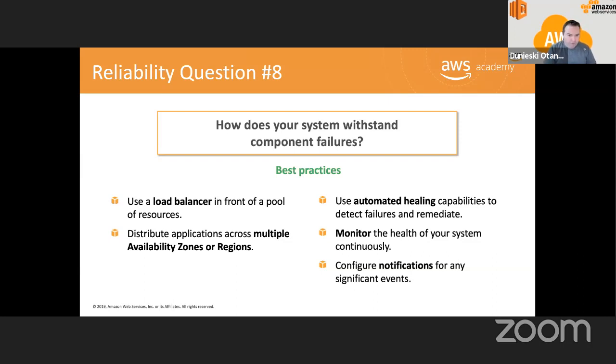Distribute the application across multiple availability zones or regions. Don't forget that if you have an elastic load balancer and you want to use it for another region, you have to enable cross-zone load balancing. So that's very important. Use automatic healing capabilities to detect failures and remediate.